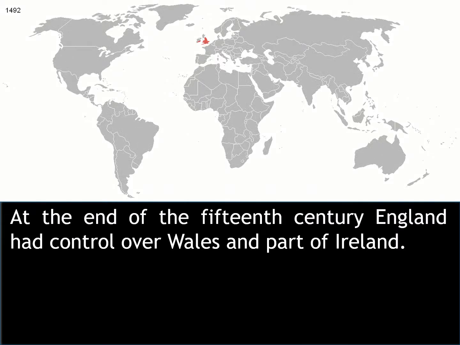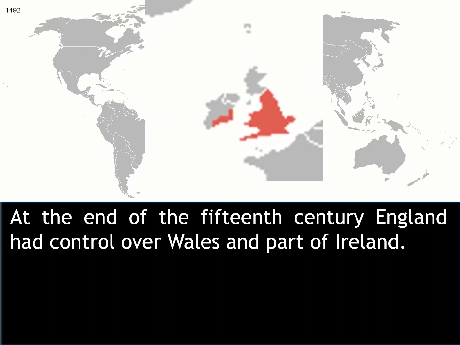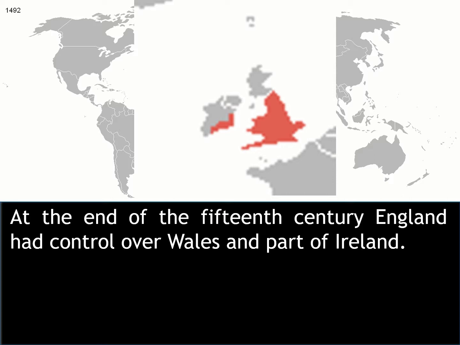Now, if we just look at this, England, at the end of the 15th century, was a small country. Take a look at it. Just one little country in a big world. The map shows you England together with Wales and a part of Ireland. So not even the whole of the British Isles was in one country.